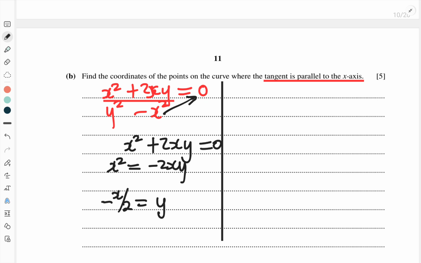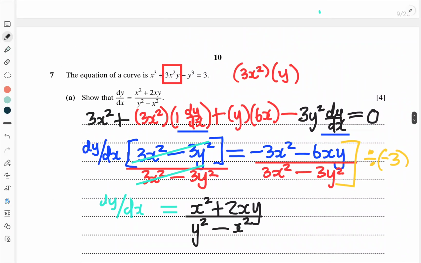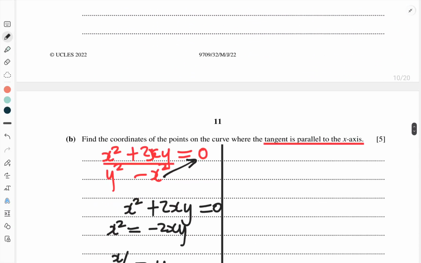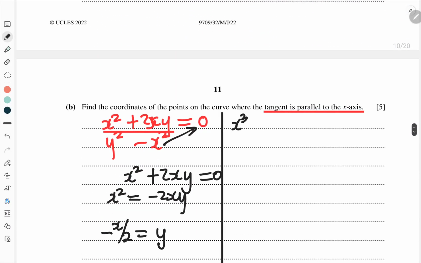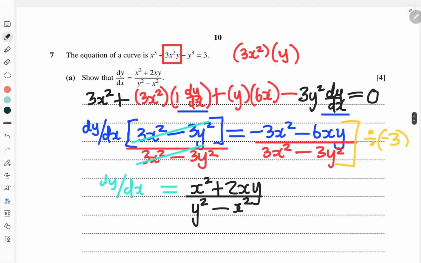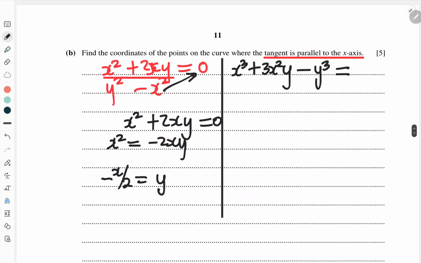So we go back to the original equation that we had, x cubed plus 3x squared y minus y cubed, and it's equal to 3.